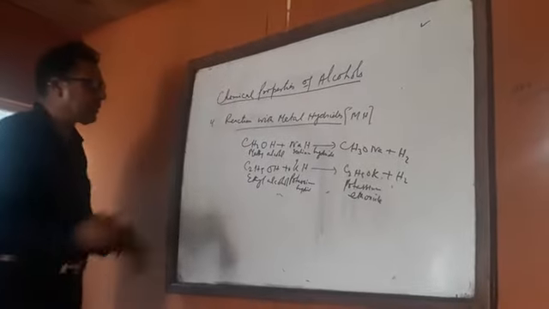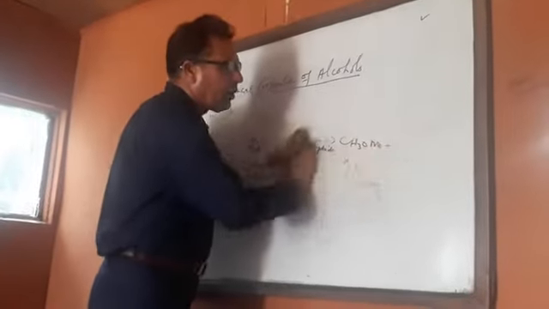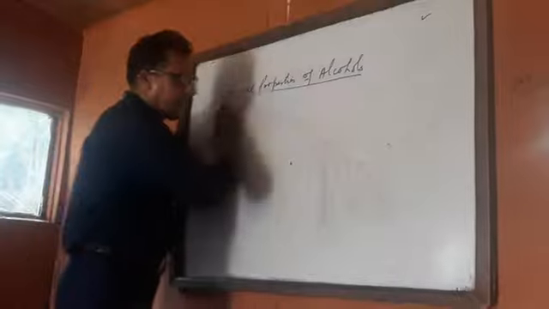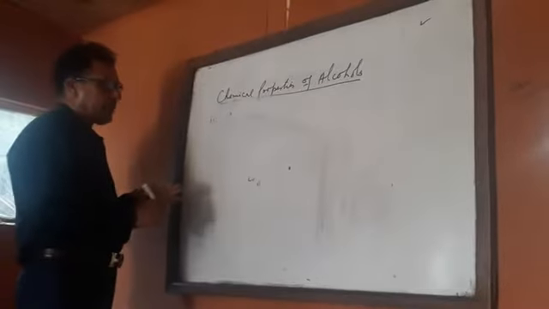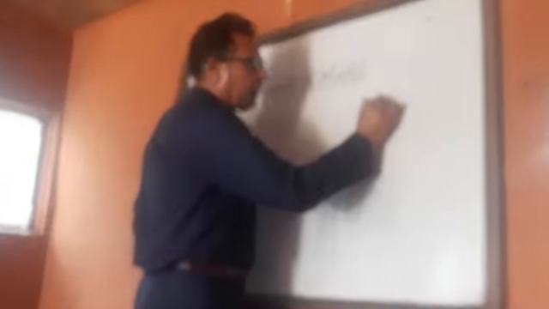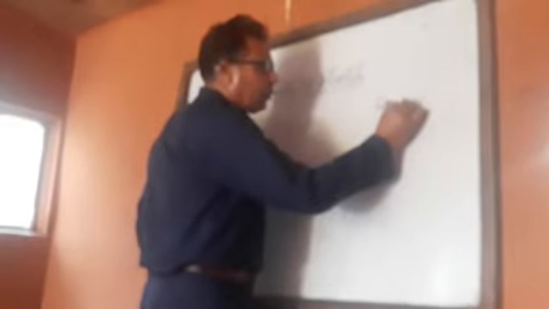So our third reaction is reaction with carboxylic acids. The general formula for the carboxylic acid is RCOOH.